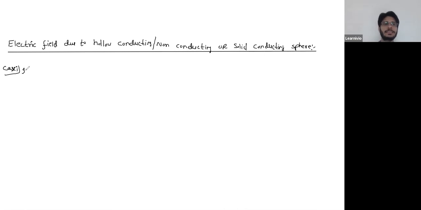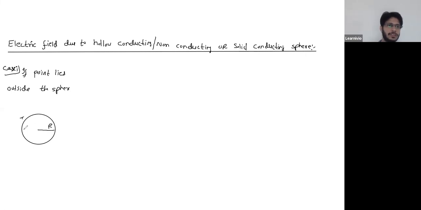If point lies outside the sphere. It's a very easy calculation. So let's consider a sphere. This is the sphere. The radius of the sphere is capital R. Some charge Q is uniformly distributed over the surface of the sphere.